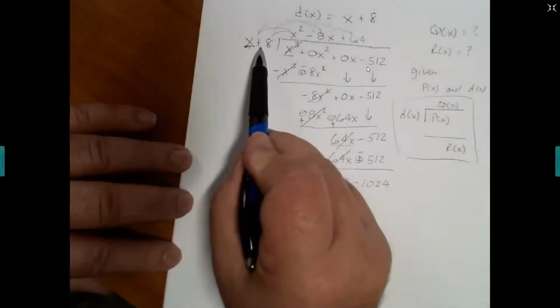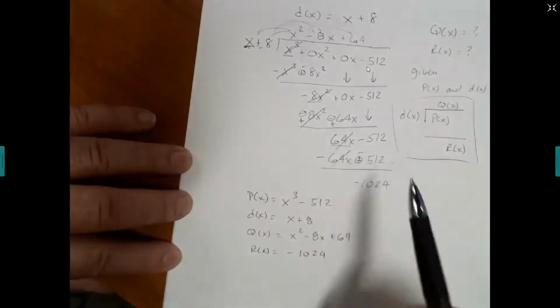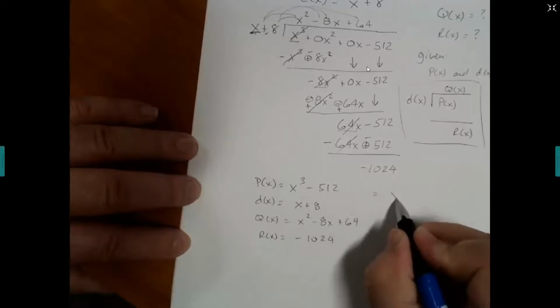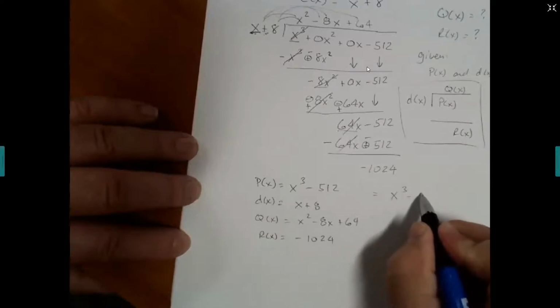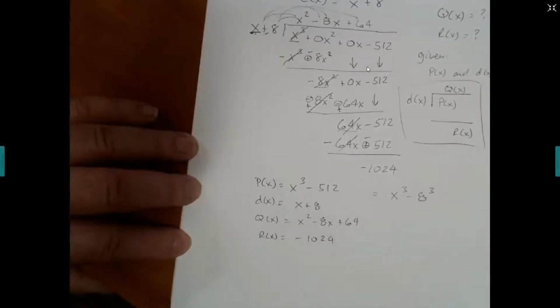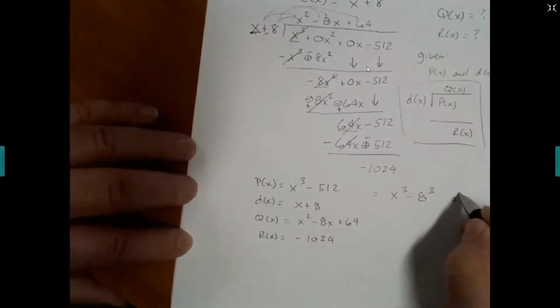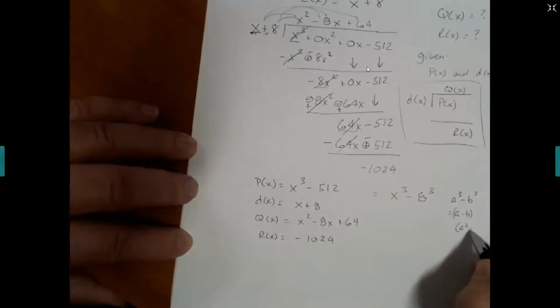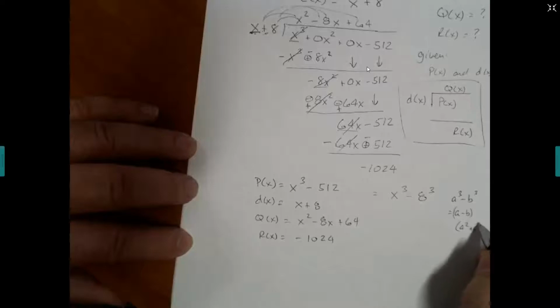If this was a negative, because this number here is actually the difference of two cubes. Remember, we talked about that earlier, which equals a minus b times a squared plus ab plus b squared.